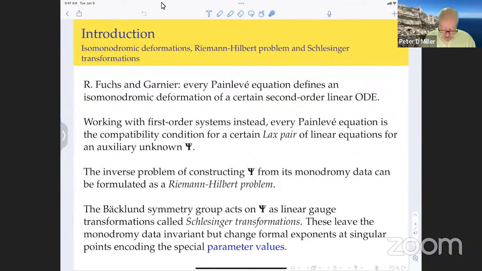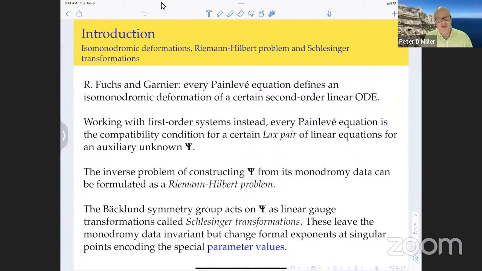And so in this case, we come to the notion of a Lax pair for a Painlevé equation. That is to say that every one of these 6 equations on the first slide can be represented as the compatibility condition for 2 of these first-order linear equations on some auxiliary unknown that we may take to be a 2x2 matrix capital Psi.